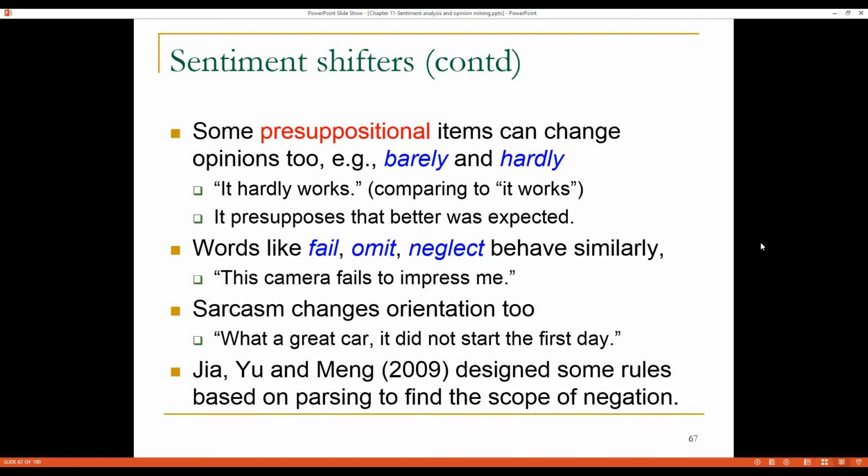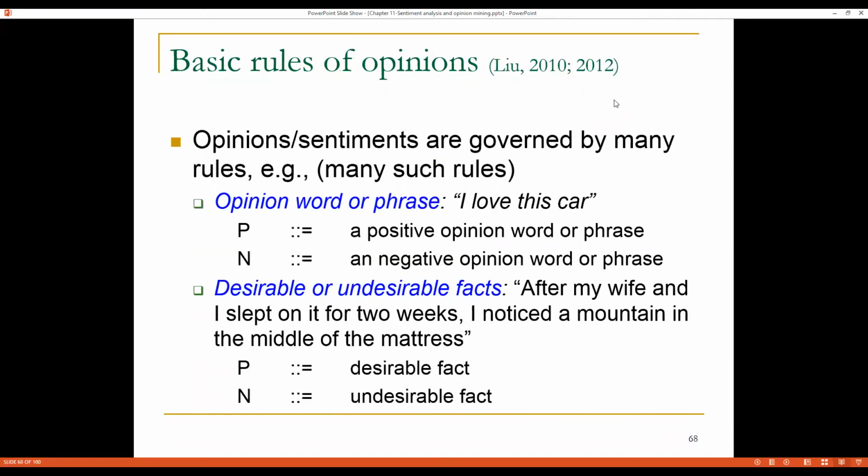Words like fail, omit, neglect behave similarly. This camera fails to impress me. Sarcasm changes orientation too. What a great car. It did not start the first day. And some rules were designed based on parsing the scope of negation.